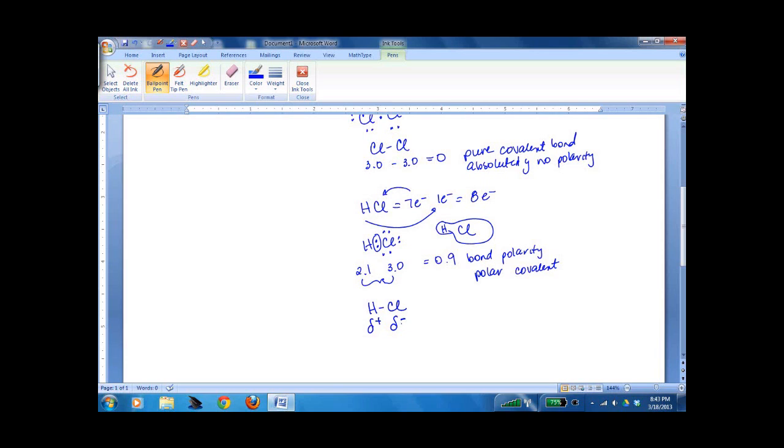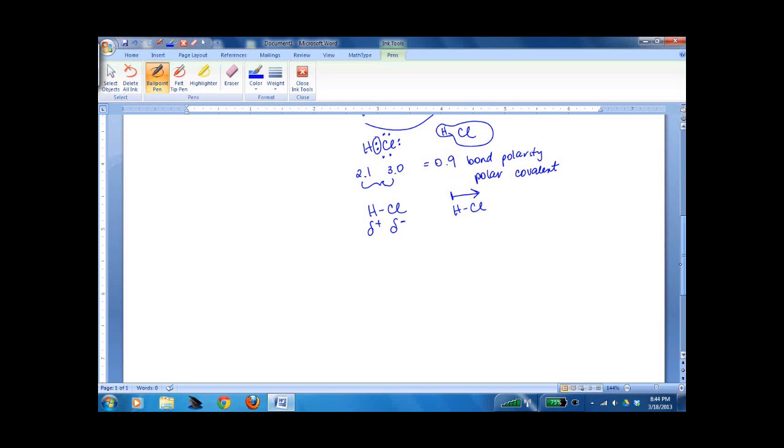The more electronegative atom is going to have this partial negative charge. We can also draw a dipole, and we would draw it like this, which represents the partial negative charge on the chlorine. It shows that the chlorine is not going to share those electrons perfectly well, and it's going to pull some of the electron density towards itself.